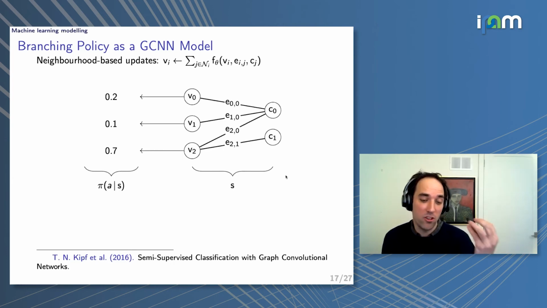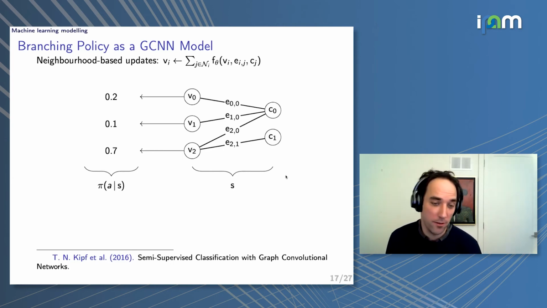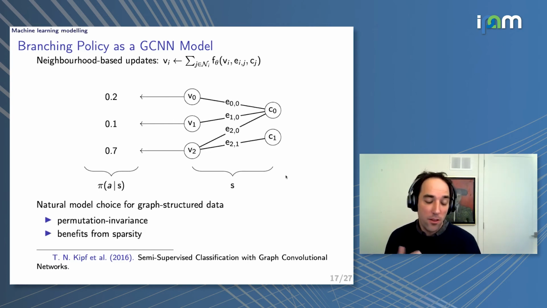So the output of the GCNN is effectively a policy. Based on the state, it gives you a distribution over actions. The advantage of GCNNs, or graph neural networks in general, is that they're permutation invariant, which is useful here because there's no natural ordering of these variables and constraints. And also their computation scales with respect to sparsity, which is good because here the A matrix is often quite sparse.